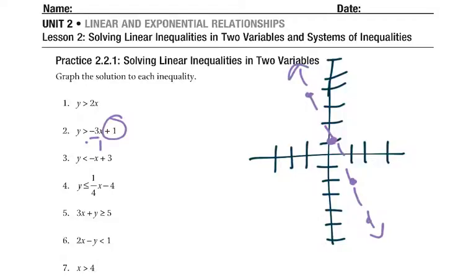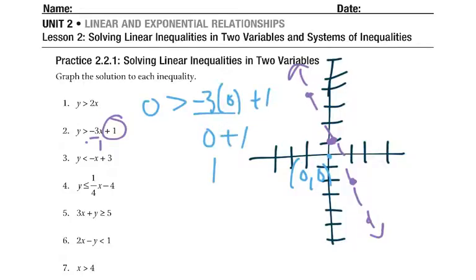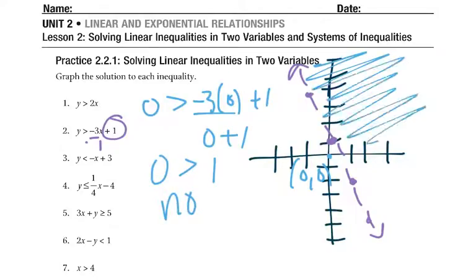Then I pick a test point. My favorite test point, we couldn't do it on question number 1, but my favorite test point is 0, 0, because it just makes it a lot easier. So a 0 for y, a 0 for x, and then I simplify. Negative 3 times 0 is 0, 0 plus 1 is 1. Is 0 greater than 1? Nope. So I shade the other side. And that's all you do.